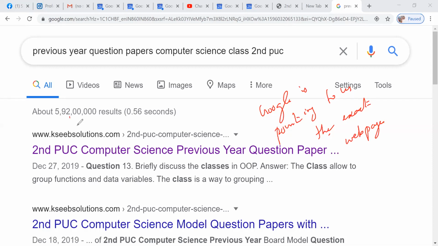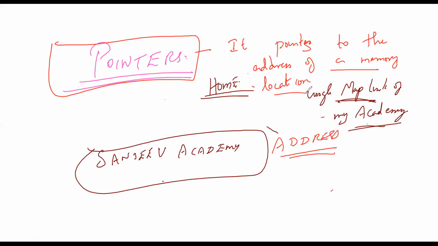So a pointer points to the address of the memory location. I'll write it down here. A pointer points to the address of a memory location. And a pointer is represented by what symbol?